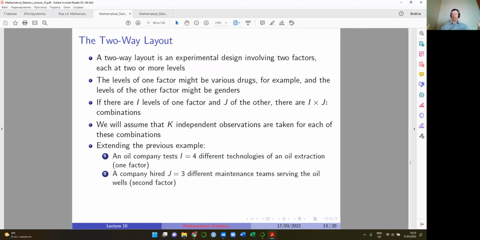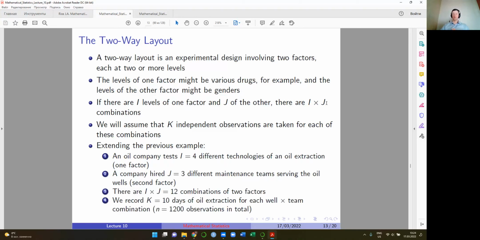So overall we will have 1,200 numbers representing the production of every oil well. So there are 12 combinations of these 2 factors, and if we record 10 days of oil extraction for each well times team combination, we will get 1,200 observations in total.